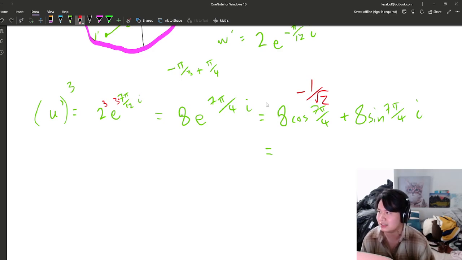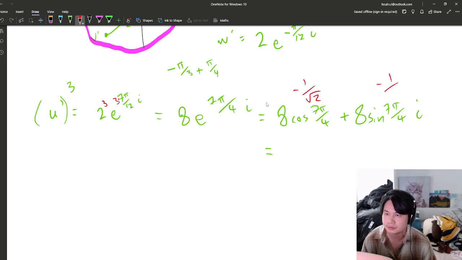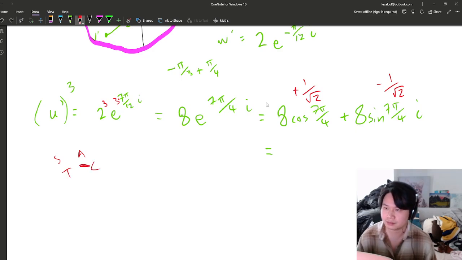Wait, no, this is 7 pi over 4. Oops. They're both negative, right? I think cosine's positive. Okay. 7 pi over 4 is fourth quadrant, right? Yeah.